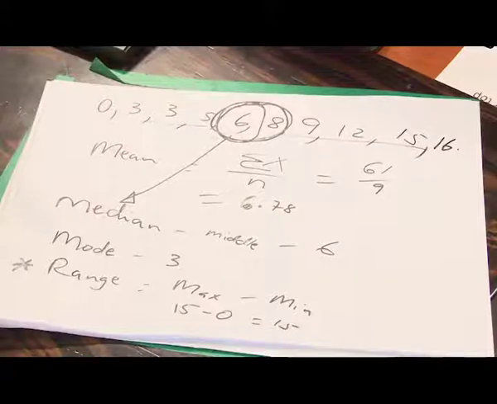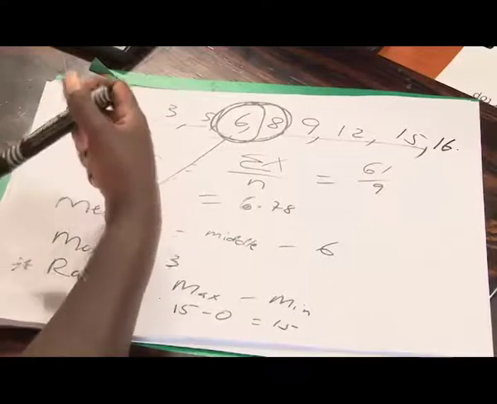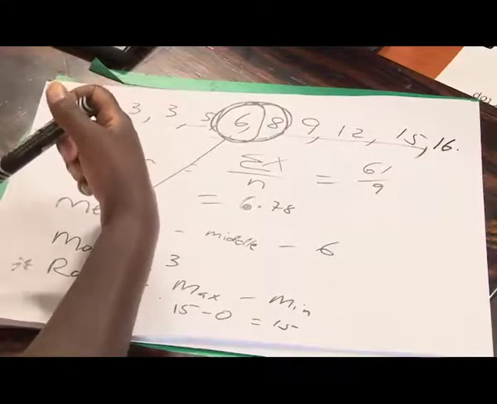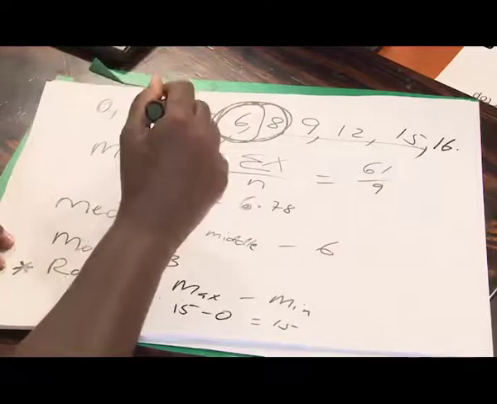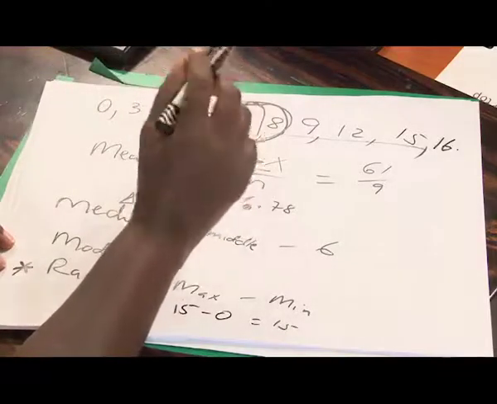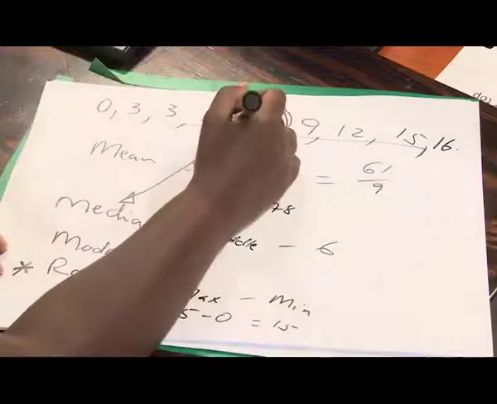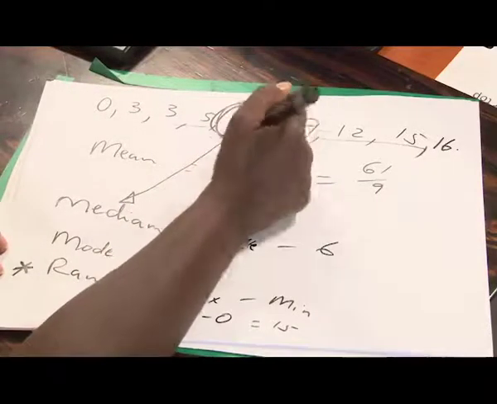So either we say our median is 6 and 8, or sometimes they say there's no median. Students often give one of the two middle values as their answer, instead of calculating the mean of the middle two numbers. So you add the two, 6 plus 8, and you divide it.